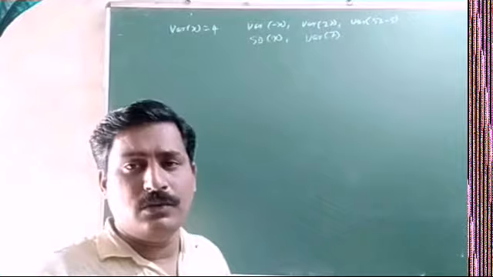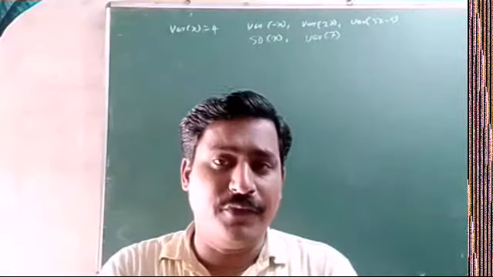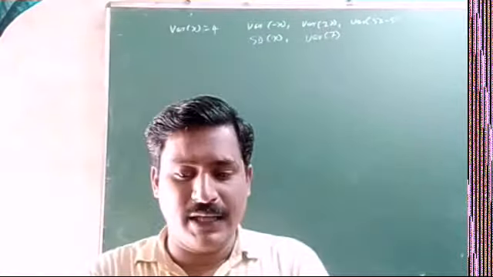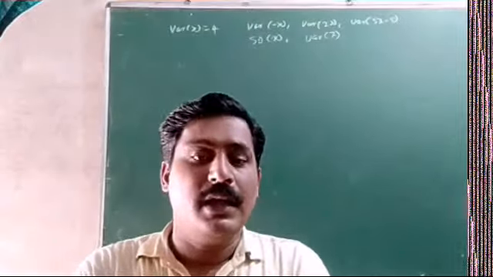So now, what is V of a? Variance of a, variance of ax, and variance of ax plus b.